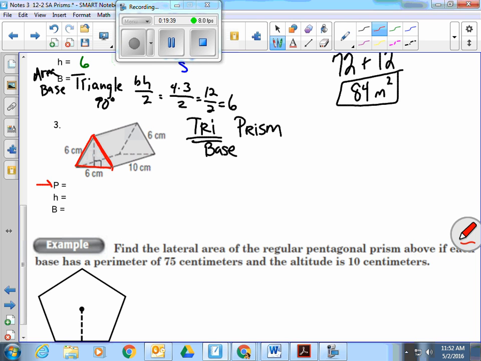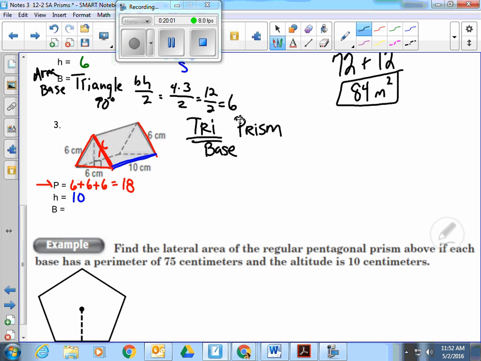How big is this side right here? 6, because this one is 6, right? So this would be 6 plus 6 plus 6, which is 18. What's my height? 10, very good. Your height is the line that connects the two triangles. So that's 10.